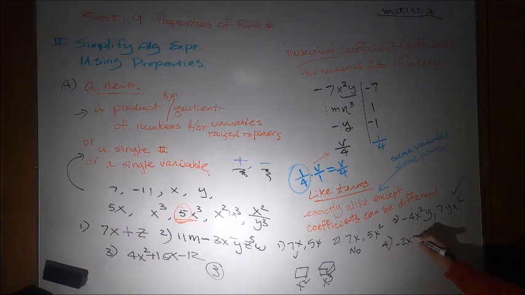Negative 2xz squared and negative 6x squared z. What do you think? No. Why not? Because x here and x squared here, z squared here and z here. They are not alike. Like terms are what? They have the same variable and same powers.